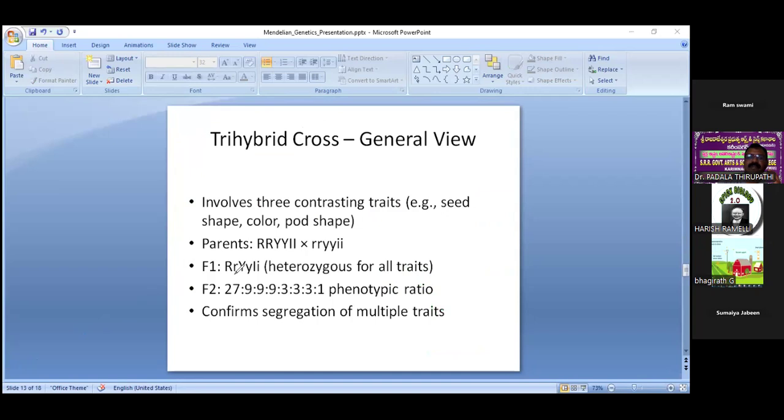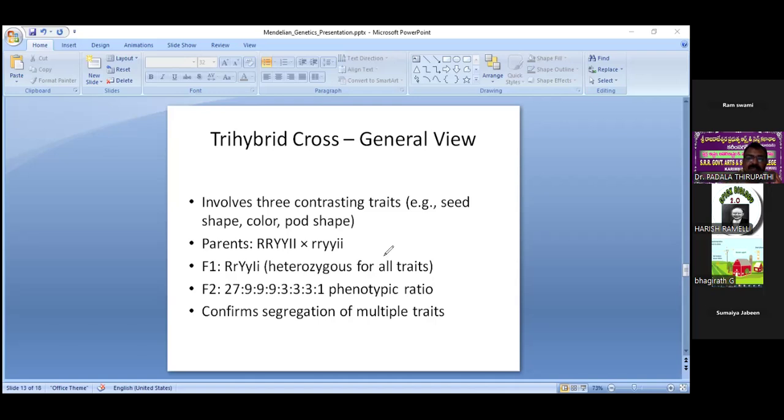Next, trihybrid, in the same way. The trihybrid cross involves three contrasting traits. At a time, we consider three contrasting traits observed in the parental plants, represented by three alleles. When we get F1, all are dominant, capital Y, capital I. So these three respective characters are expressed in the F1 plants.